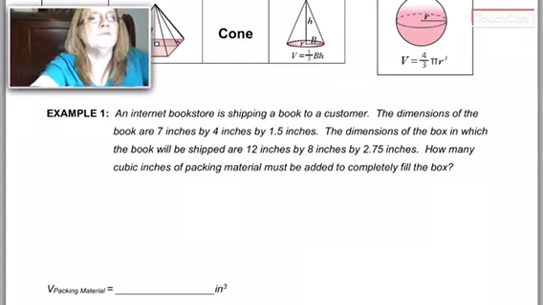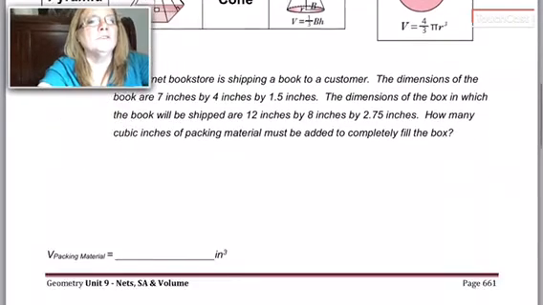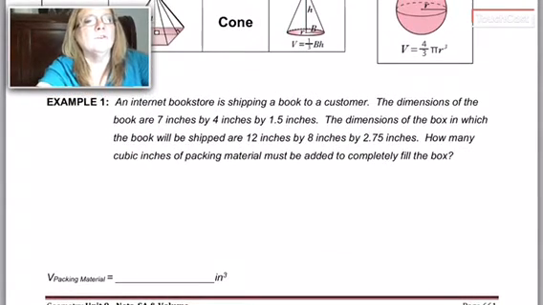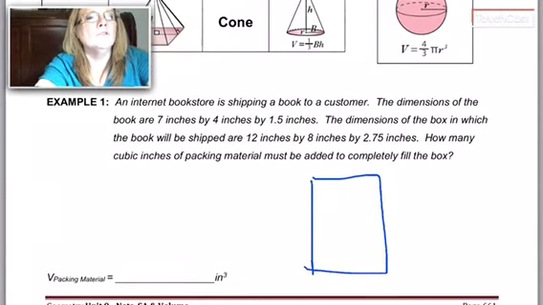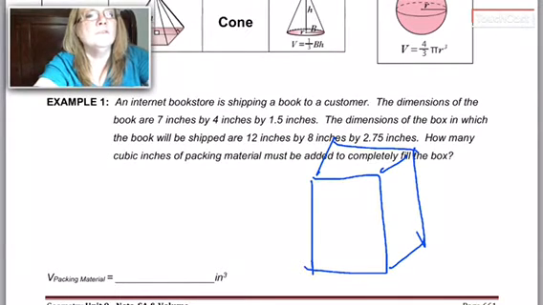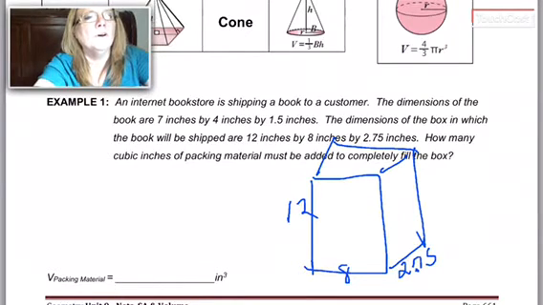So here what we have is we have a larger box. See if I can draw that somewhat. So we have this larger shipping box that we want to put our book inside. And so this one is 12 by 8 by 2.75. But inside of here, we need a smaller book.